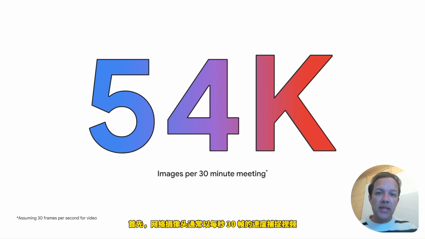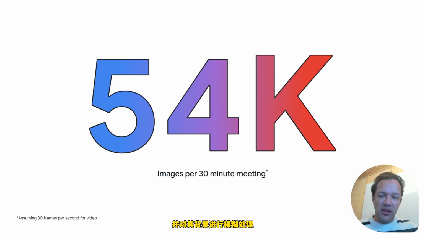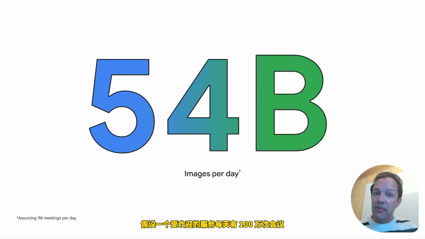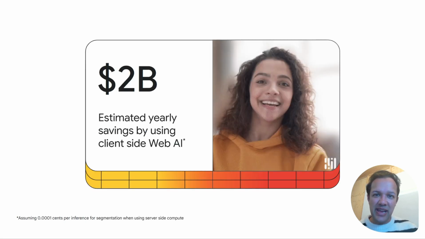First, a webcam typically produces video at 30 frames per second, so assuming an average meeting is 30 minutes in length, that equates to 54,000 frames per meeting that need to have the background blurred. So assuming 1 million meetings per day for a popular service, that equates to 54 billion segmentations every single day.